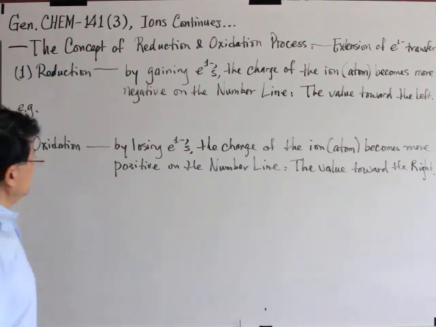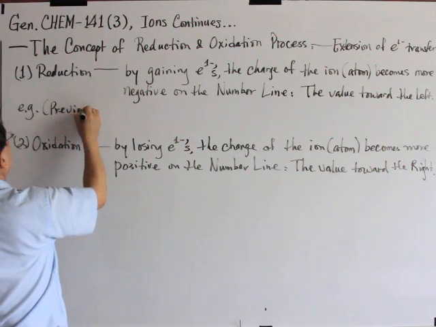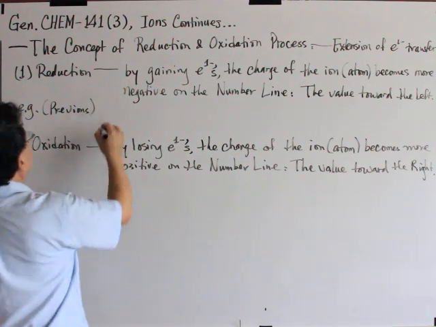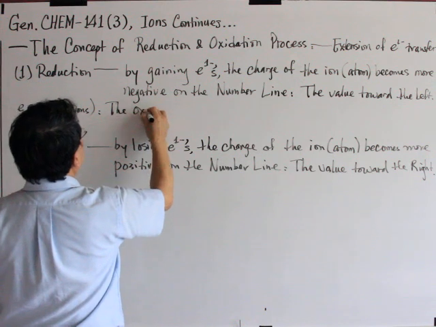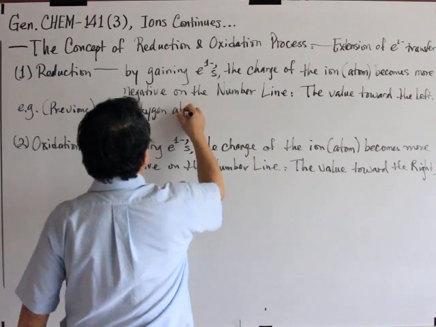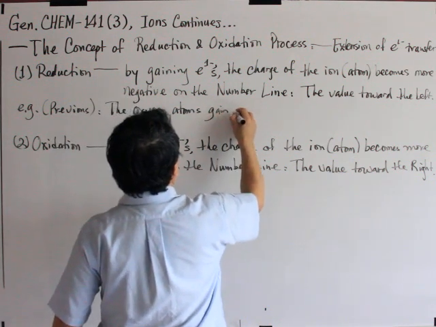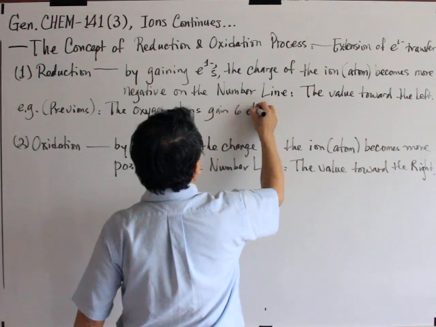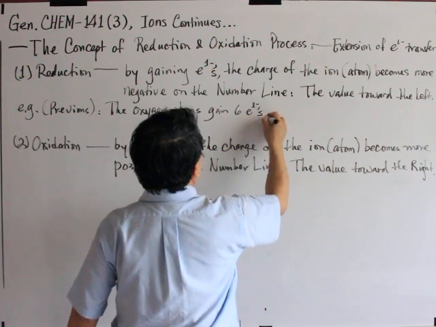The oxygen gains the electron in the previous example. The oxygen atoms gain 6 electrons. Where do the electrons come from? From our aluminum.